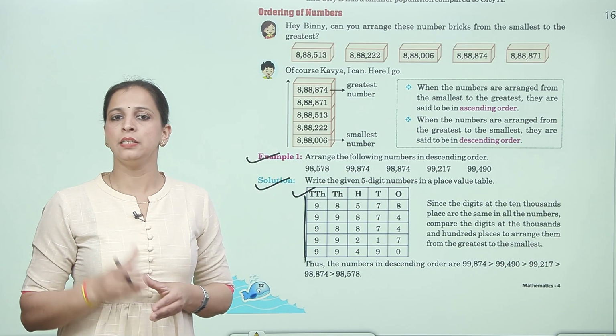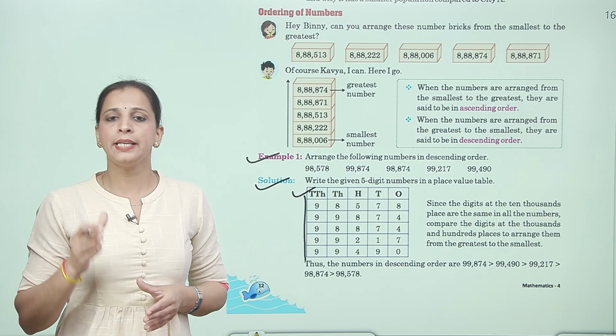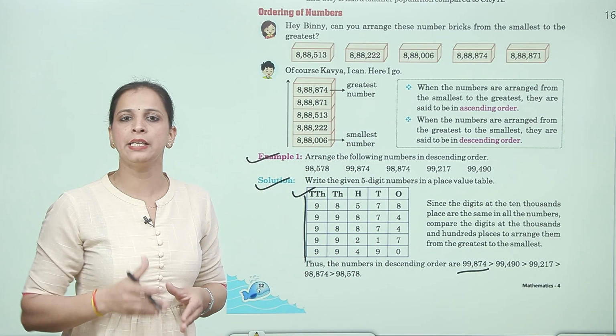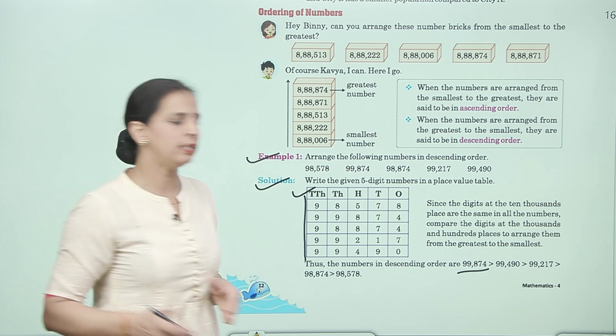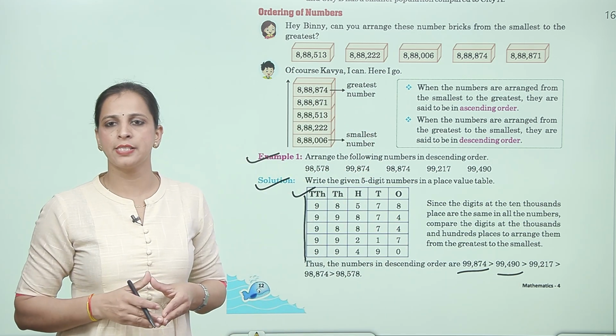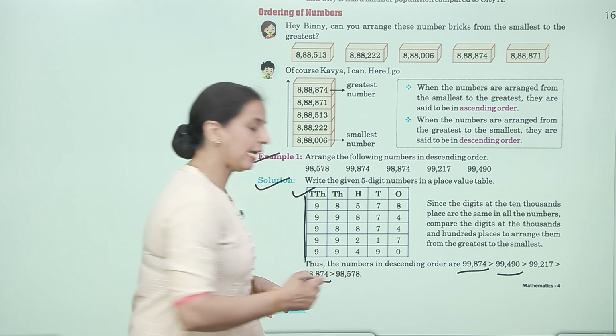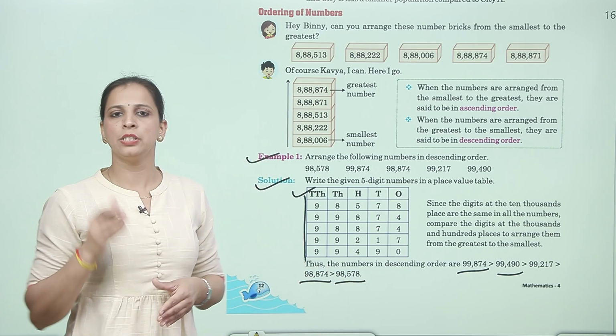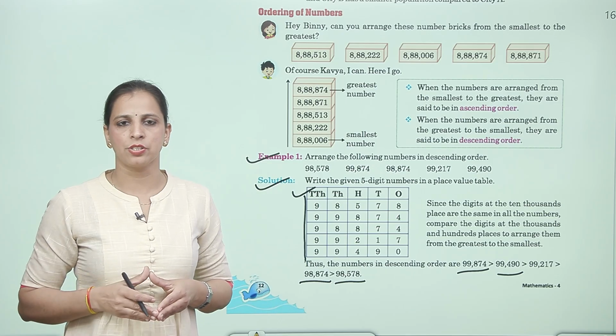Thus, the numbers in descending order are 99,874 is greater than 99,490 is greater than 99,217 is greater than 98,874 is greater than 98,578.